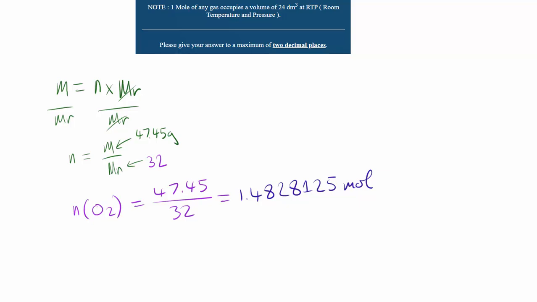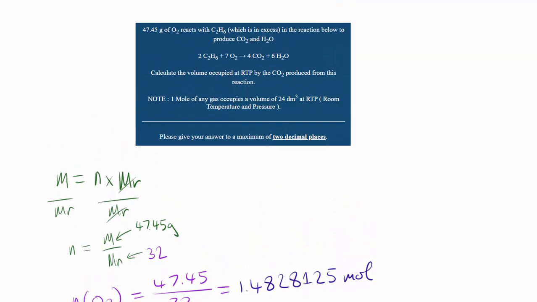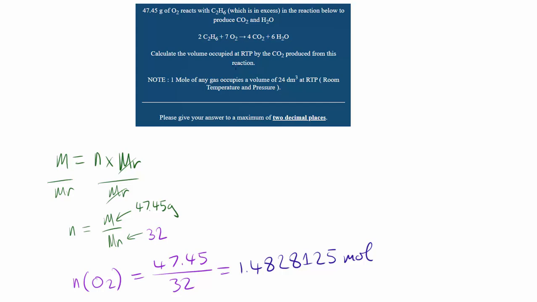But what we need to do is work out the amount of substance of the carbon dioxide. By using the balanced equation here, comparing the oxygen and carbon dioxide, we can set up a ratio. When we compare the number of moles of oxygen to the number of moles of carbon dioxide, the ratio is 7 to 4.